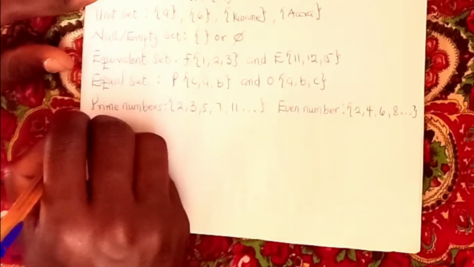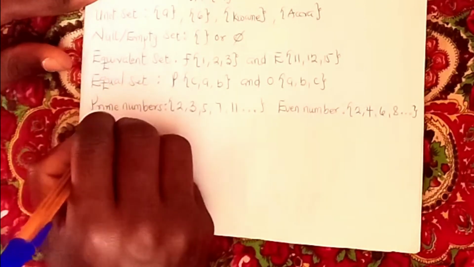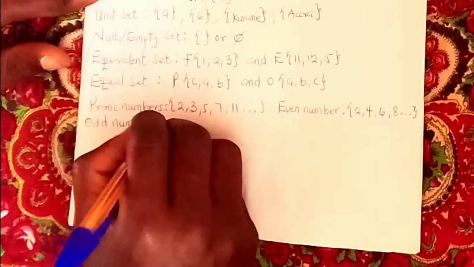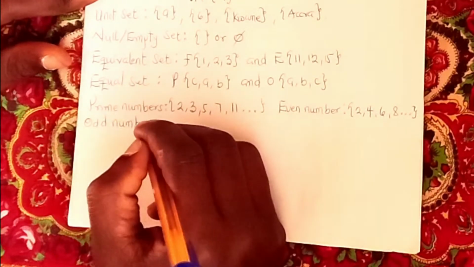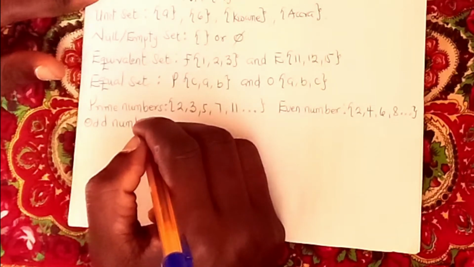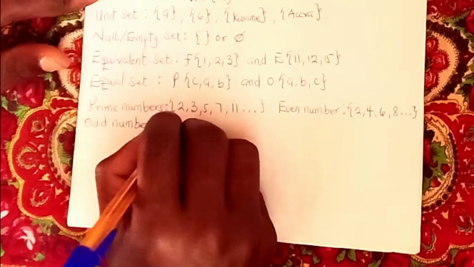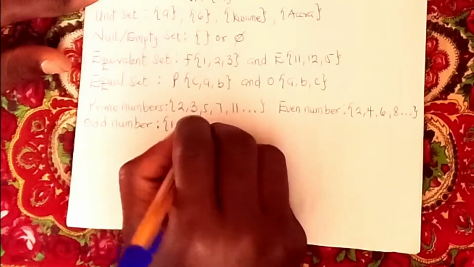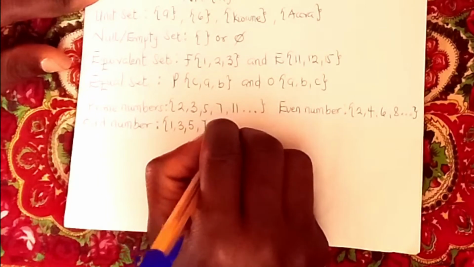We have odd numbers. An odd number is any number that cannot be divisible by 2 to get a whole number. For example, we have 1, 3, 5, 7, 9, and so on and so forth.